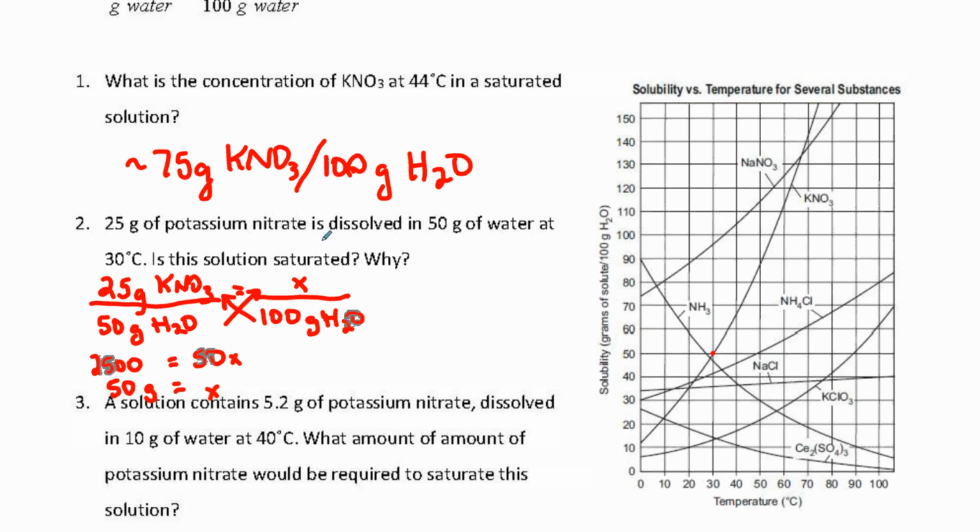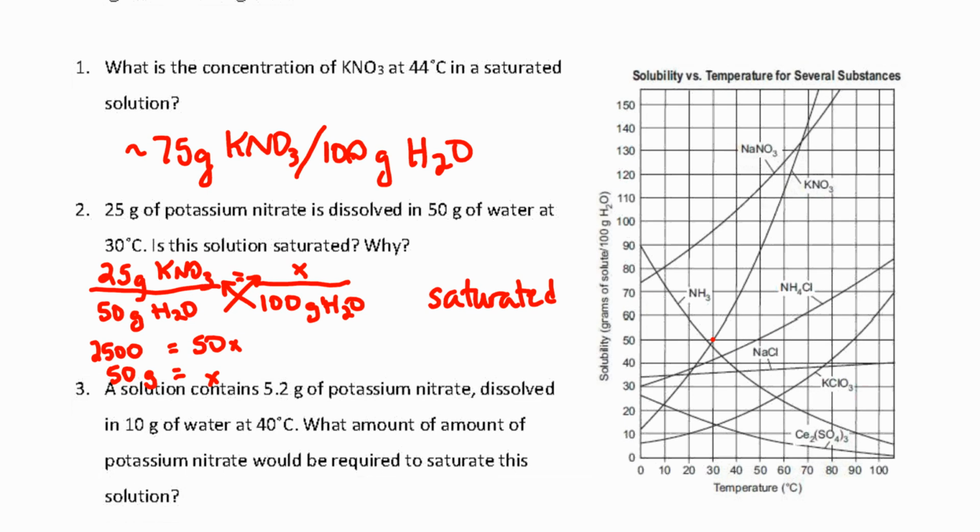I'm dealing with potassium nitrate, and it falls exactly on the curve for potassium nitrate. So it said, is this solution saturated? Yes, it certainly is saturated. Why? Well, 50 grams per 100 grams of water at 30 degrees Celsius is exactly on the solubility curve for potassium nitrate. So that's another type of question you could come across.